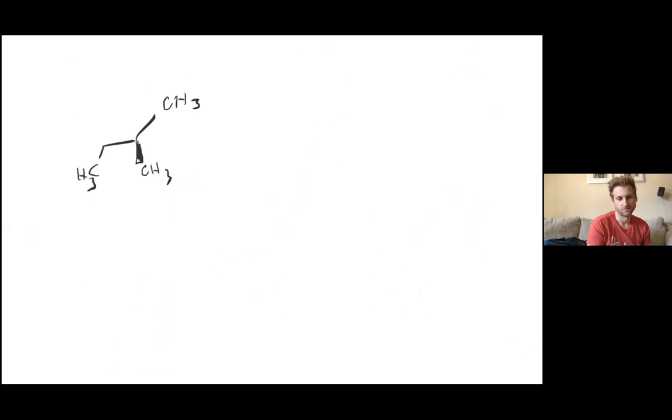Okay, so if you were to get this molecule on an exam, you are asked to look down this bond here, try and draw a Newman projection from this. I'm going to give you guys a minute or two. Draw a staggered one.